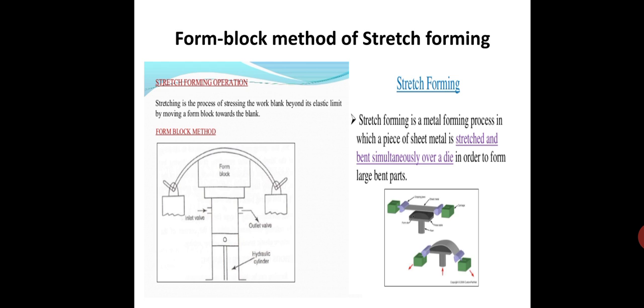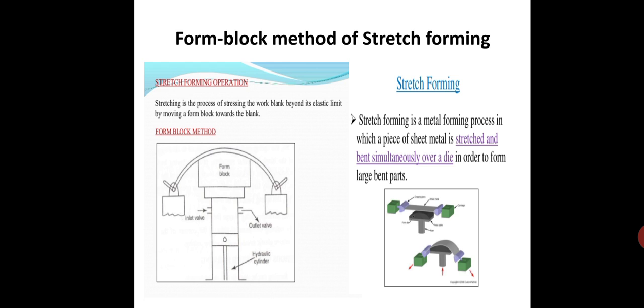Then the form block is moved towards the blank to make the required shape by giving the hydraulic force. In this case, the form block is operated by the hydraulic cylinder. When the block moves towards the blank, the hydraulic fluid inside the cylinder gets compressed and delivered to the outlet valve.